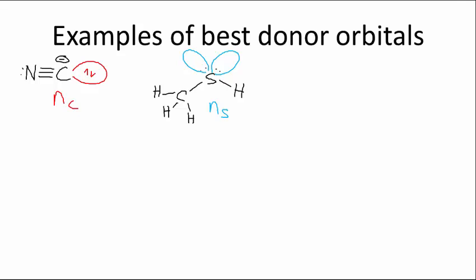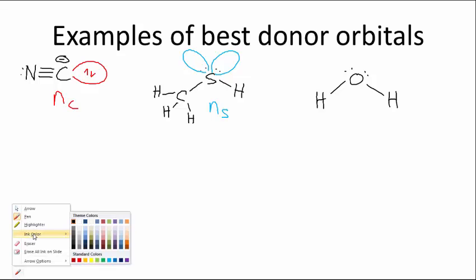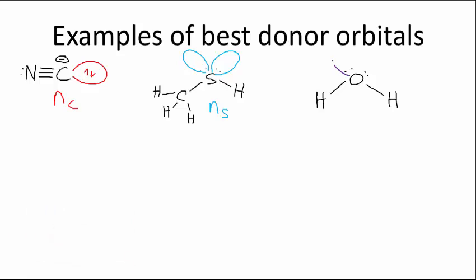You start to get lone pairs on more electronegative atoms, well, they're not going to be quite as good donors. They're still good donors, but not quite as good. So water's got two donor orbitals, two lone pairs. Those are pretty good donors.